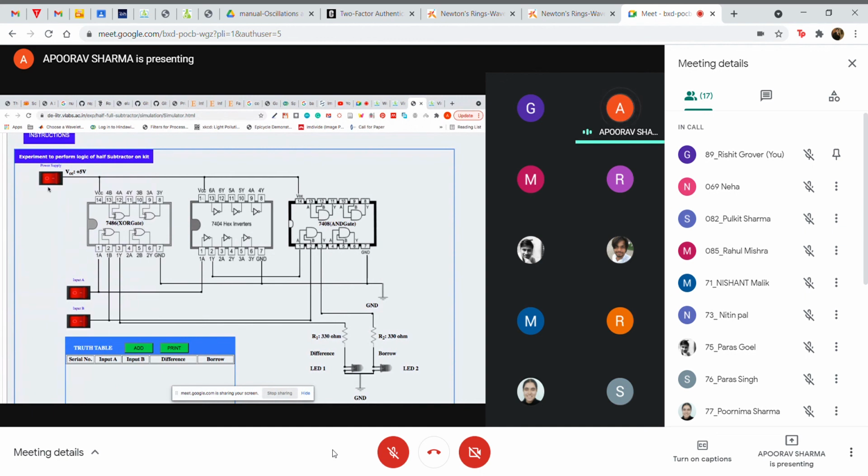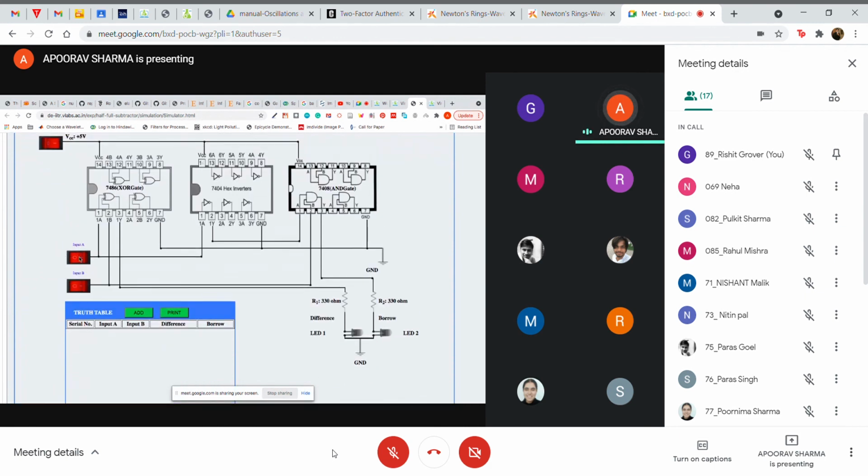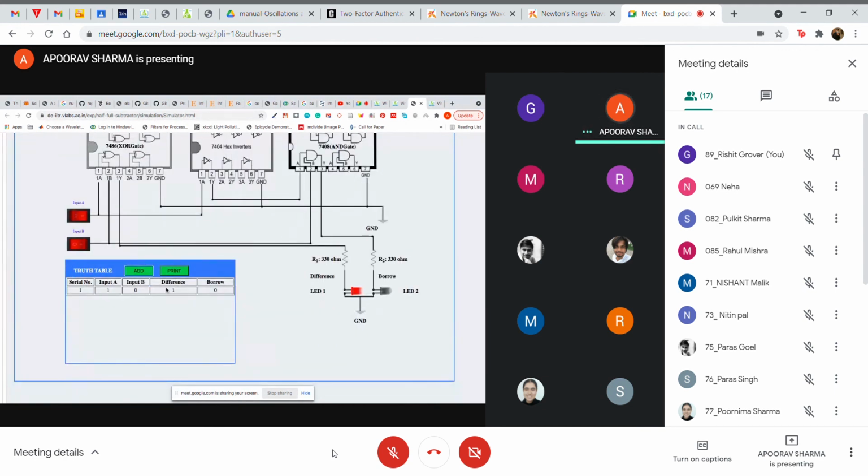So first of all, you will connect your VCC. Then you will give your input as A and B. If your input A is high, the difference is 1 and there is no borrow. And if you add this, you will get your truth table entry in this table.